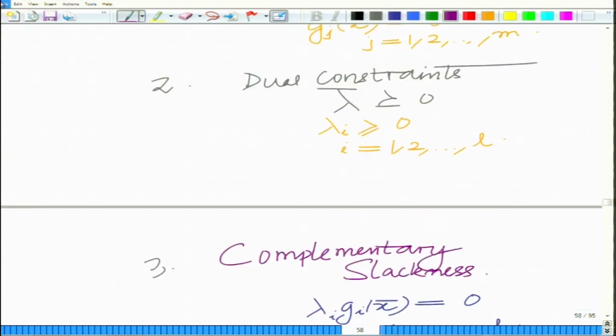Okay, so these are the 4 KKT conditions that must be satisfied by the solutions x bar of the primal optimization problem and lambda bar, nu bar of the dual optimization. All right, so let us stop here and continue in the subsequent modules. Thank you very much.